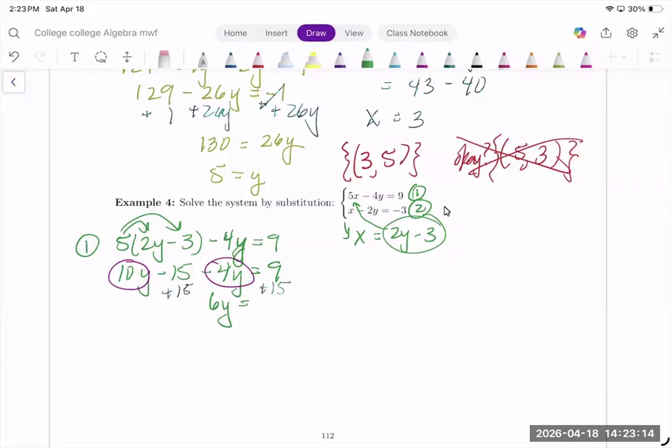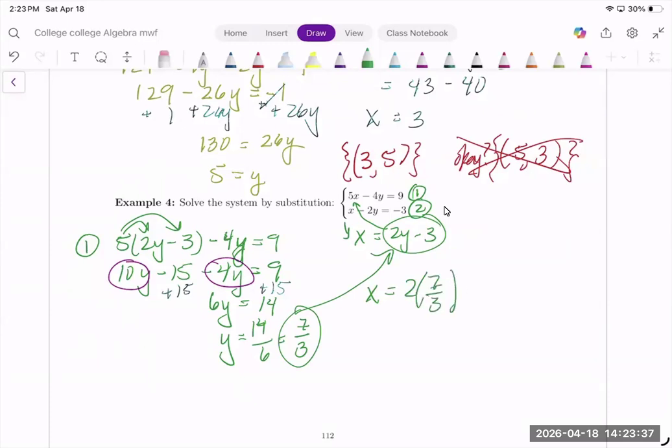Let's see. So that is 14y. So y is equal to 14 sixths, which divided by 2 is 7 thirds. And then if y equals 7 thirds, we just pop that in there. So x equals 2 times 7 thirds minus 3.